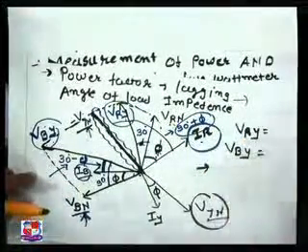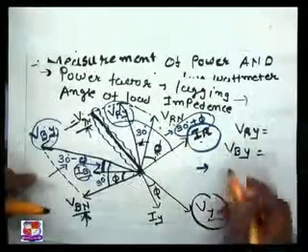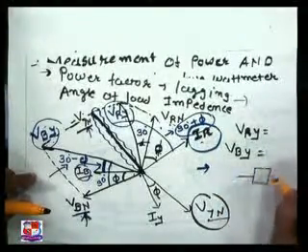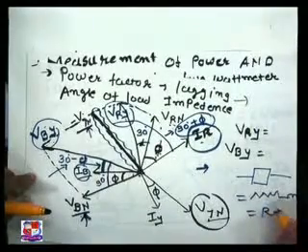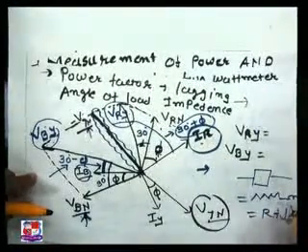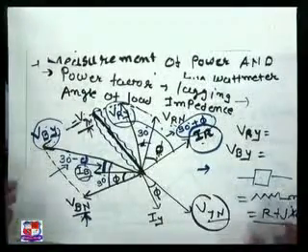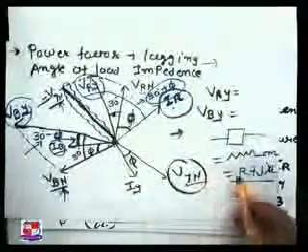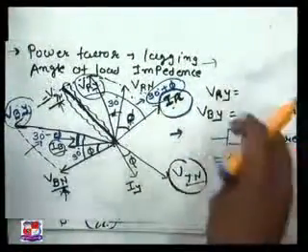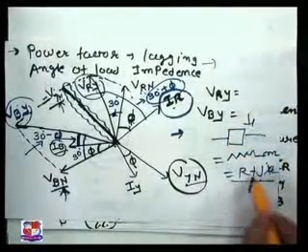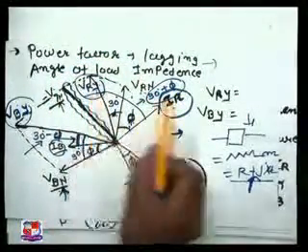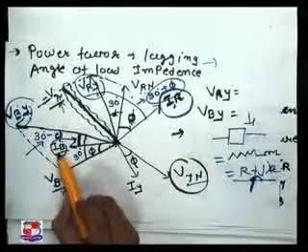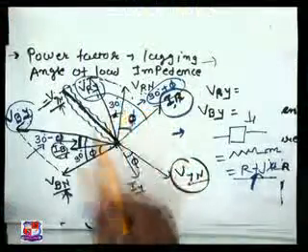Another thing: when we are given Z in any circuit, it is always a combination of R and jXL, so R plus L. Then what is the resultant angle between VRN and IR, and VBY and IB? These are the two angles and the most important notation in the example.